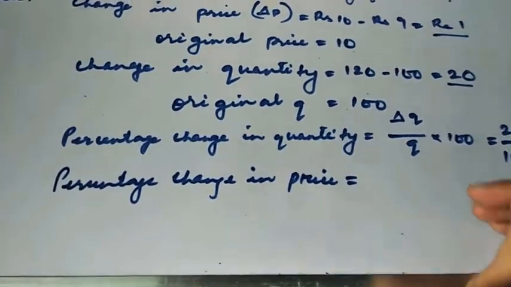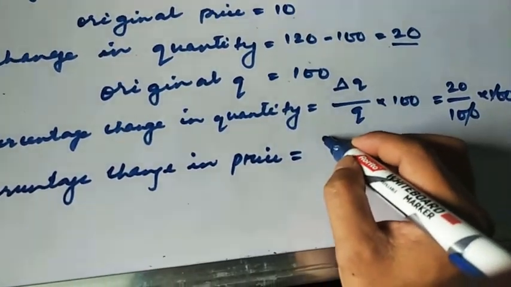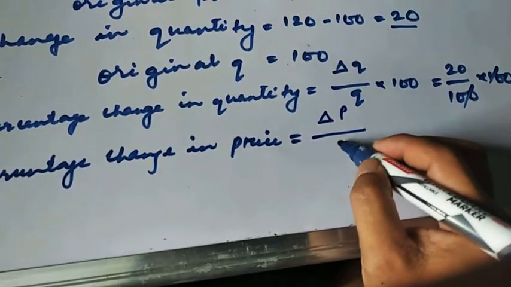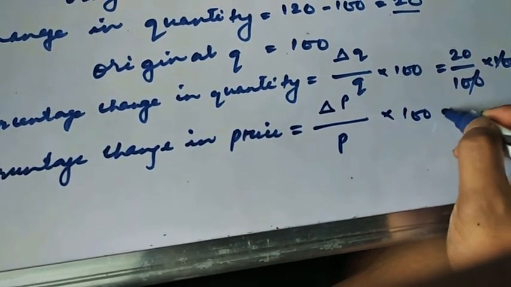Now we have to find out the percentage change in price. Percentage change in price again is change in price divided by original price into 100.